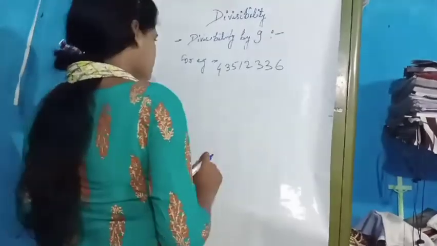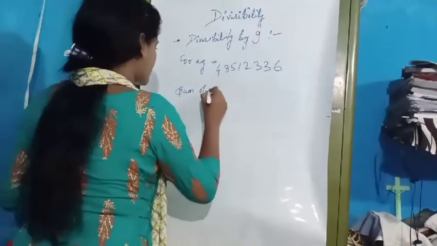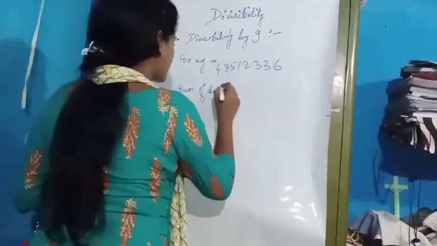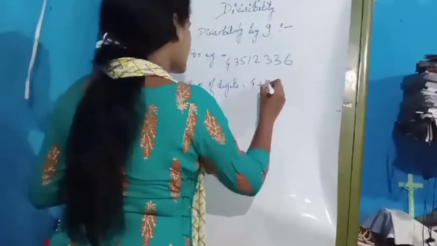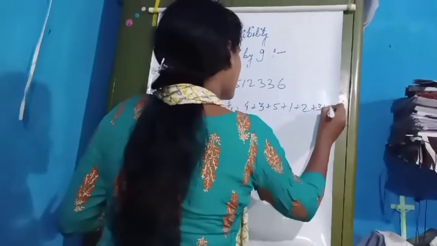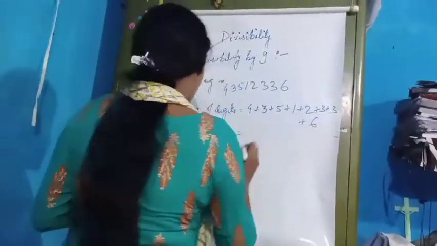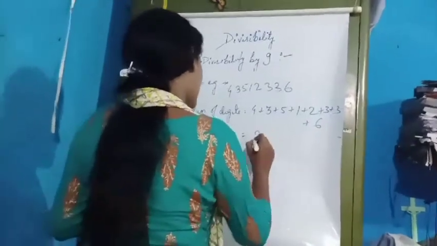So what will you do? You have to first find the sum of digits, just as in divisibility by 3. Here also, 4 plus 3 plus 5 plus 1 plus 2 plus 3 plus 6. The value will come 27.